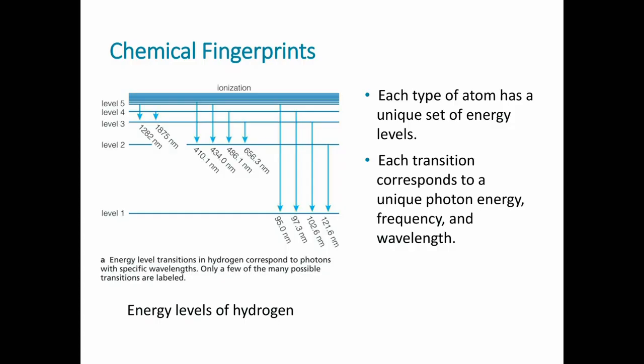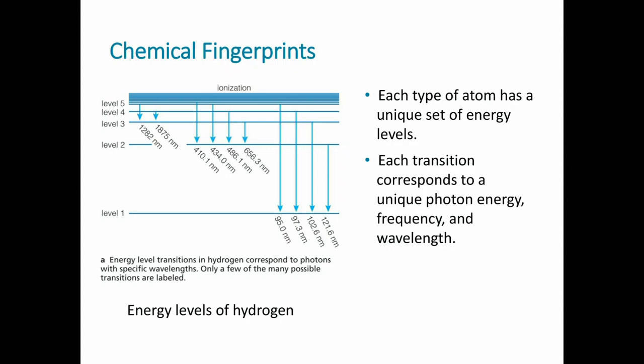That photon wants to live in level 1 of this diagram, but through some mechanism that we'll talk about later, that electron can be moved up to different energy levels.